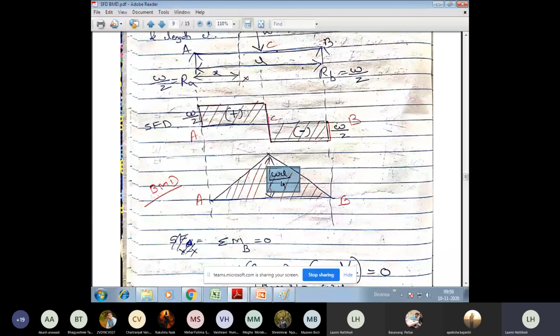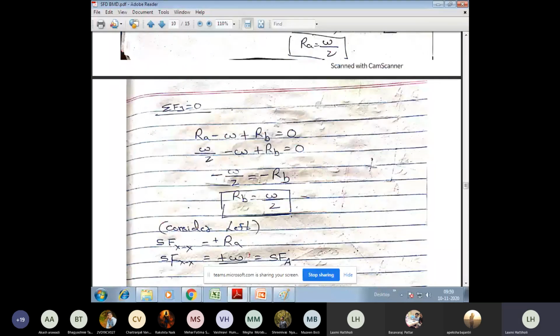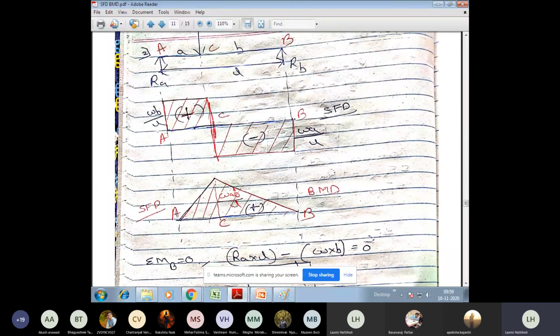And it is always maximum at the center. So WL by 4, you need to remember this. And whenever W is not at the center, this becomes WAB by L. So practice this.